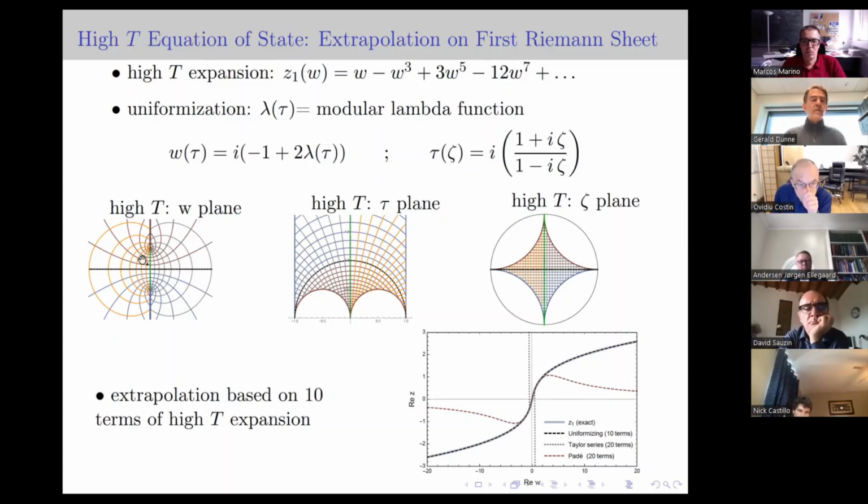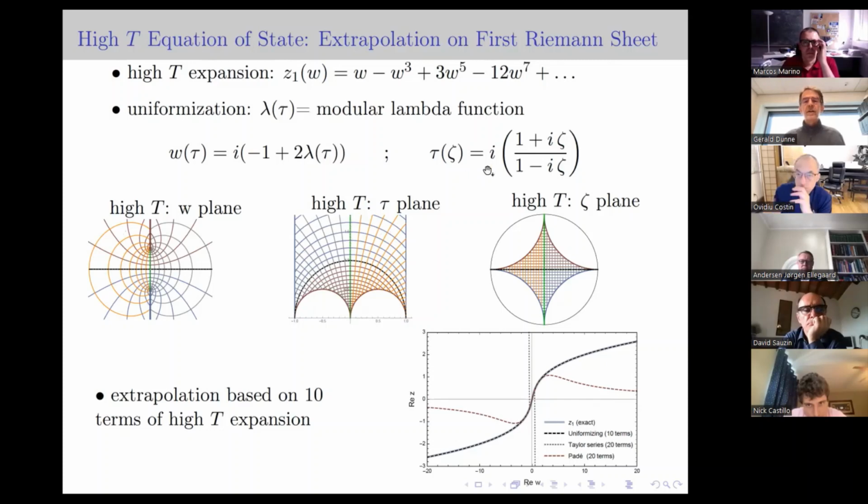What we're going to do is use this uniformizing map to map to the tau plane, which is probably what people are more familiar with in the mathematical literature on this modular lambda function. It maps this sheet into this region in the modular plane. Then we can make a further map into the unit disk by this, which has a special name.